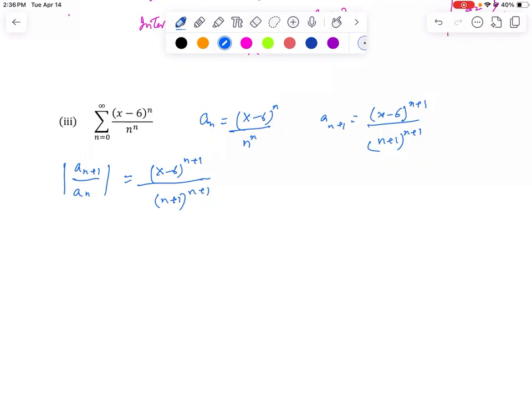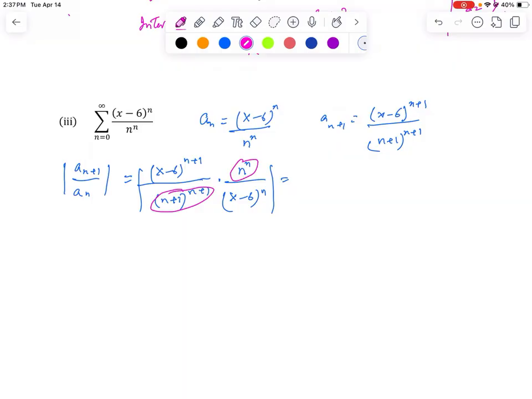Which is divided by a sub n, which means multiplied by the reciprocal of a sub n, which will be n to the n over x minus 6 raised to n, with the absolute values. Notice here the n's won't cancel at this moment.